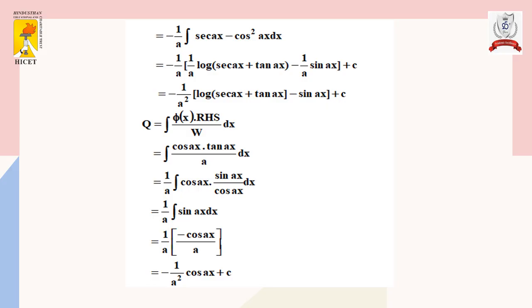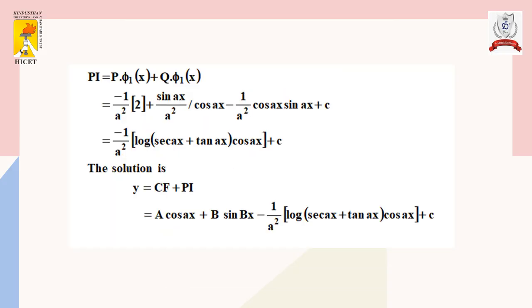We apply phi 1 is cos ax, and the right side function is tan ax divided by a. The expansion of tan is sin by cos, the cos cancels, and the remaining is sin ax. The integration of sin ax is minus cos ax by a. Finally, q is equal to minus 1 by a square into cos ax plus c.